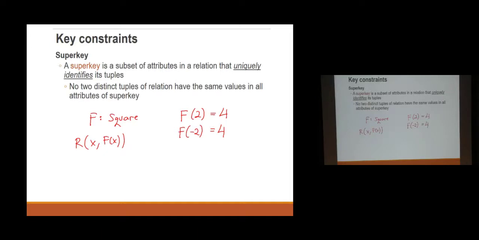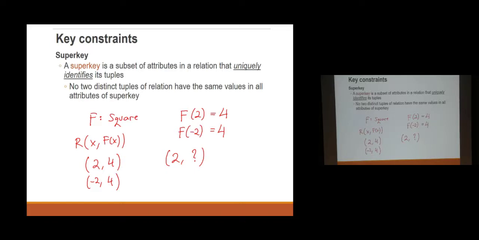Some legal instance consists of (2, 4), (-2, 4). Now, if I remove one of the values, let's say 2, question mark. Do you know what the question mark is? So that's what it means by uniquely identified.